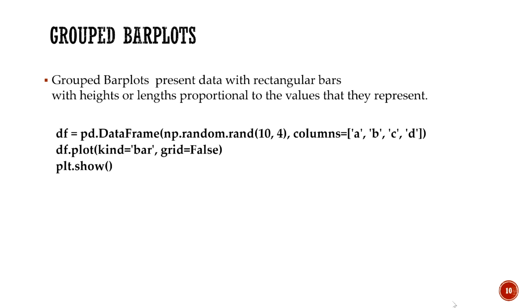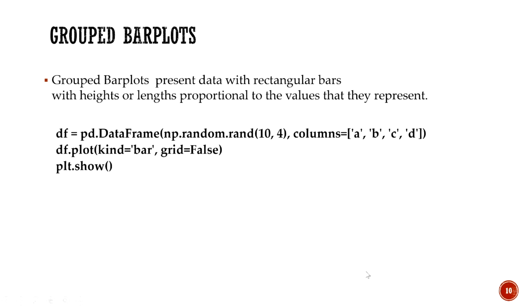So pandas DataFrame, I generate a matrix 10 by 4. So each column represents one variable. So we have 4 columns, A, B, C, D. And we just simply apply the plot function. The only thing we change is the kind. So plot kind equal to bar, and then we can show the result.